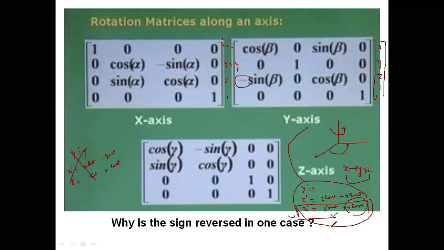That is why, according to the equation, we have to write the z dash minus sin theta, because it has to be multiplied with x, minus sin theta x, and z cos theta will be multiplied with this. So we will receive this, and this is the correct equation. So the sign in the case of the y-axis is reversed.